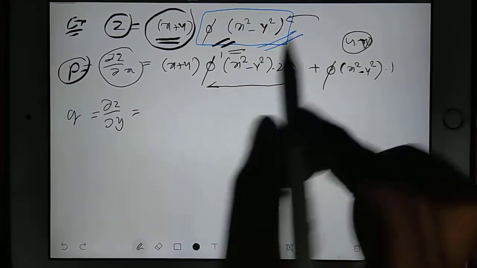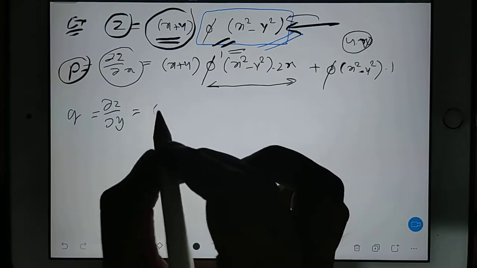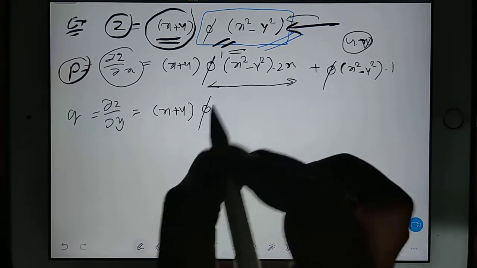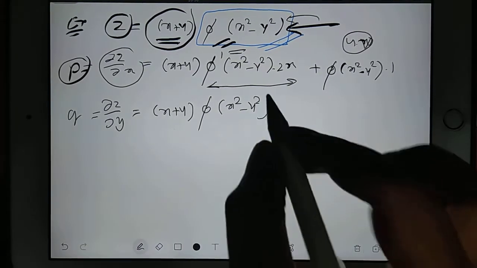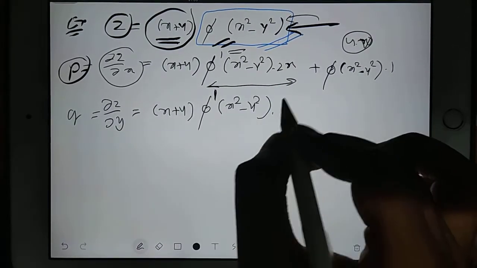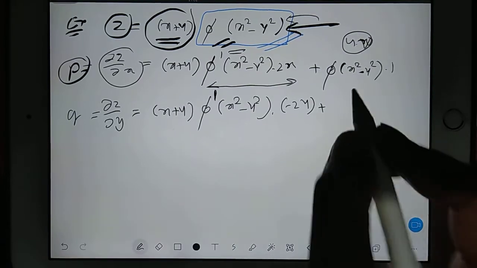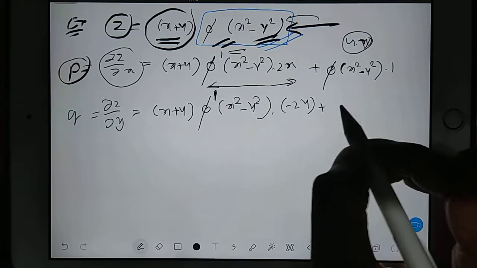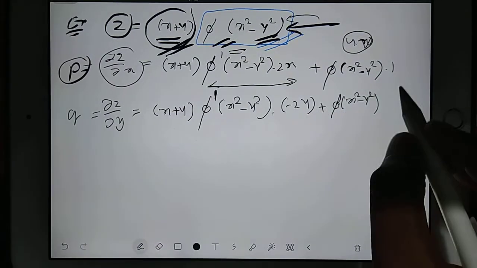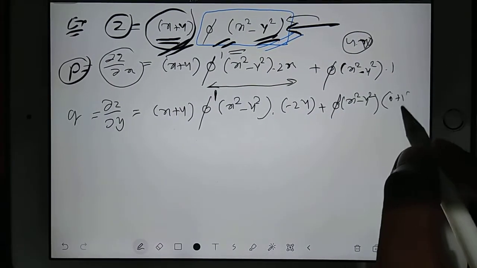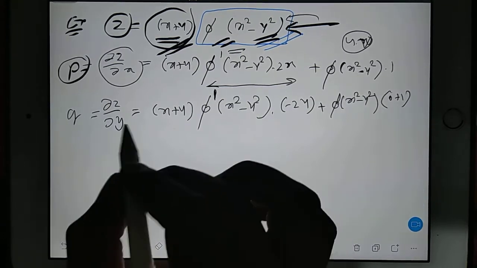So keep in mind, leave your first function as it is, differentiate your second function. So phi dash x square minus y square into minus 2y will come, and after that plus, this guy you leave as it is, phi of x square minus y square, and then you differentiate this one. So it will be 0 plus 1. Okay, so now the total answer you can summarize.